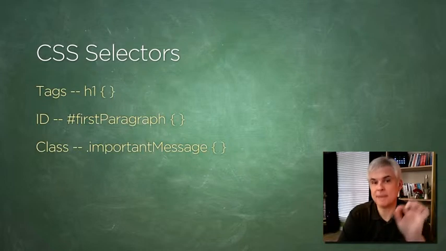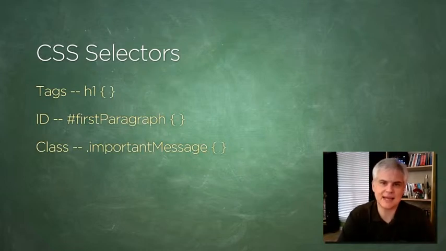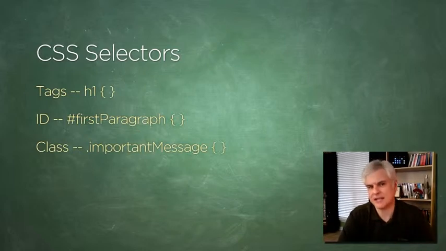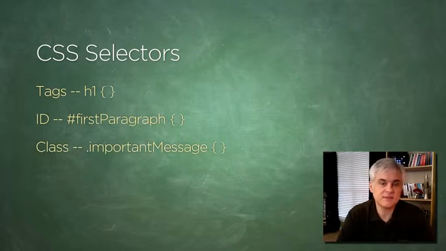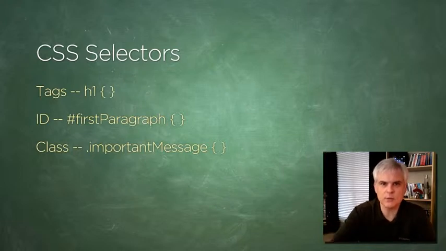But a better semantically correct class name might be important message, and then style the text to be red, okay, using a red font. So now we can see the real value of using those global attributes of ID and class. They become hooks that we can use in CSS to style precisely what we want.